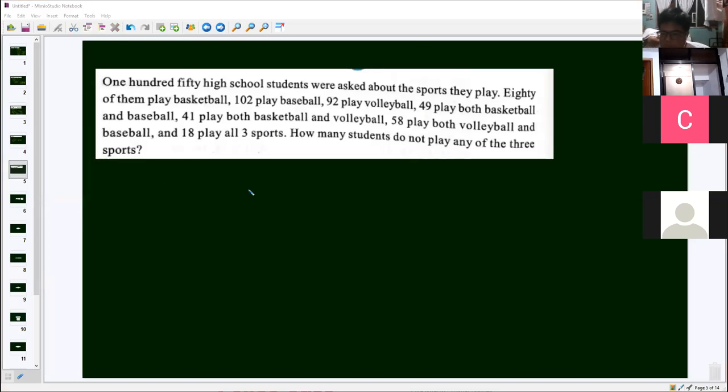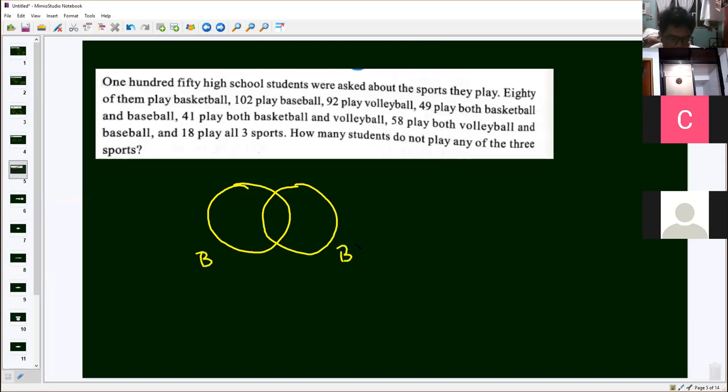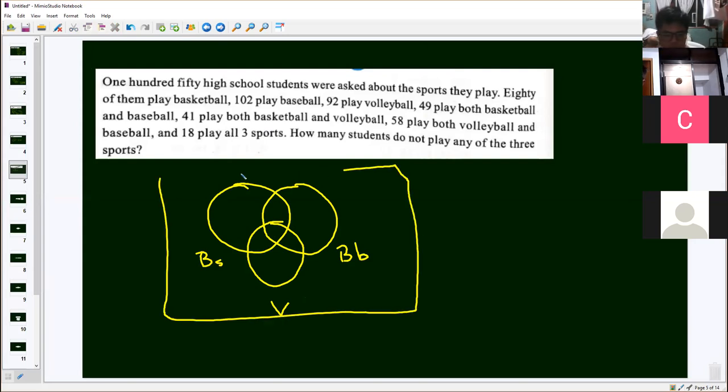You have basketball, you have baseball, and you have volleyball. Yeah, so ganyan. And then a universal set. Now, ako, I always start inside, the 18 in all 3.